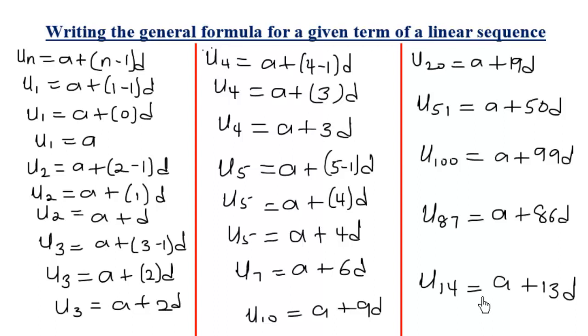Whenever a term is mentioned, just subtract 1 from that particular term number, and you add to a. So the a you see here should always be there. But how do you get the number to multiply by d? Just subtract 1 from the number, you multiply by d, and that gives you the general formula for the particular term given. Thank you.